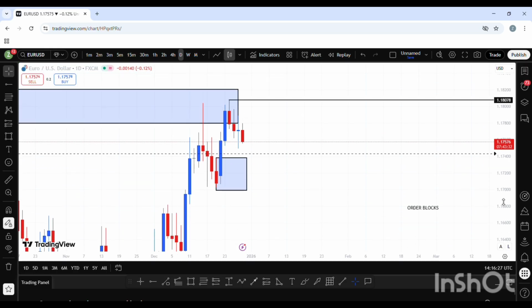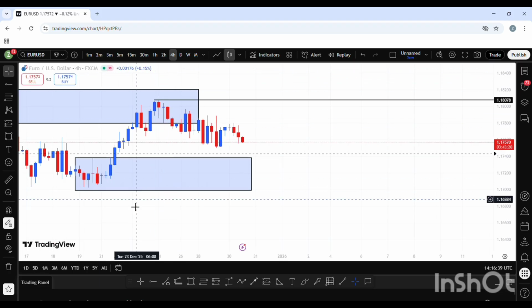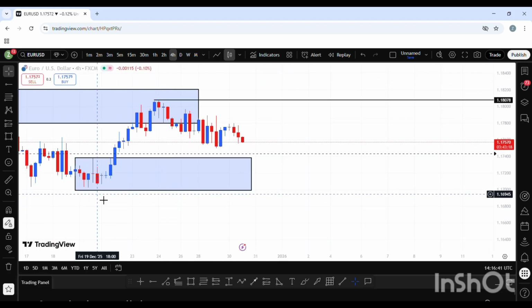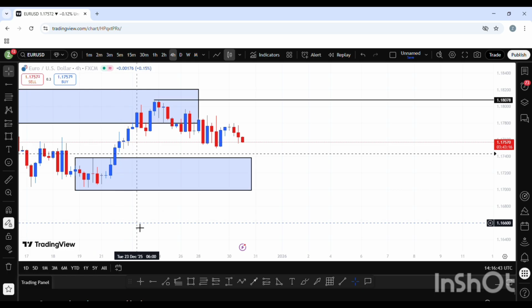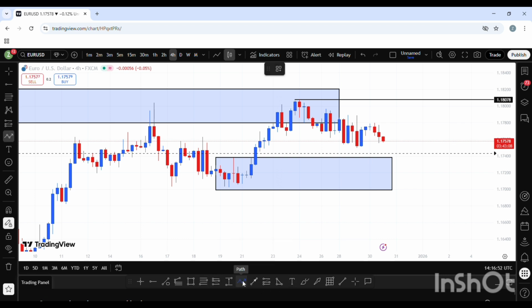So as you can see, I have mapped my order block. And for mapping order blocks, you map from wick to wick. I mean, you include everything. If the candle doesn't have a wick, from body to body. You literally map out everything. There's no like I will map where the wick started or where the wick ended.